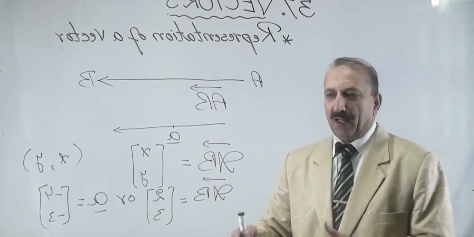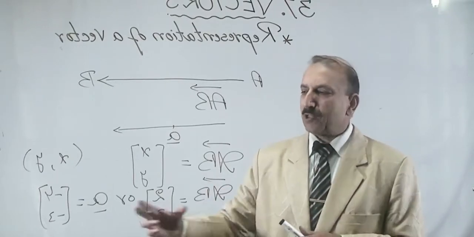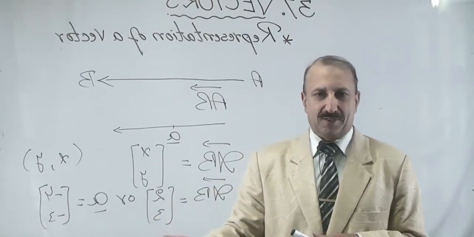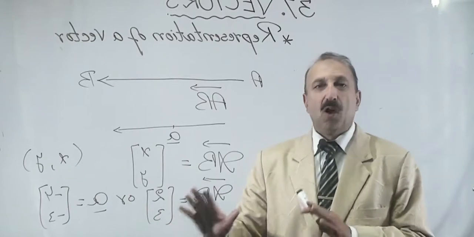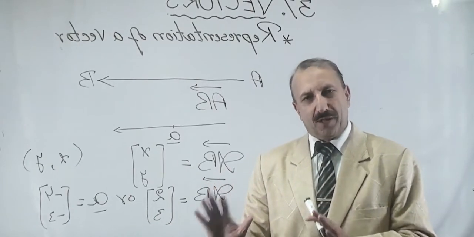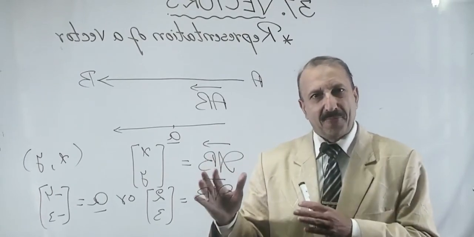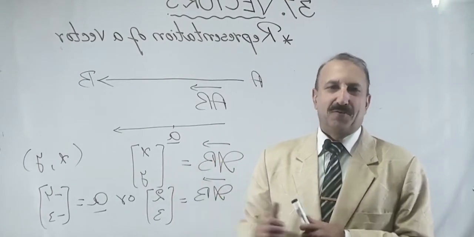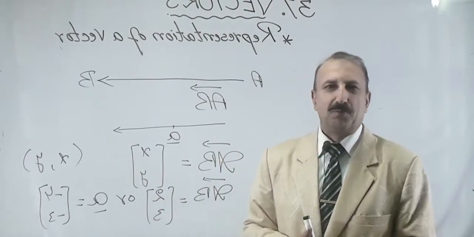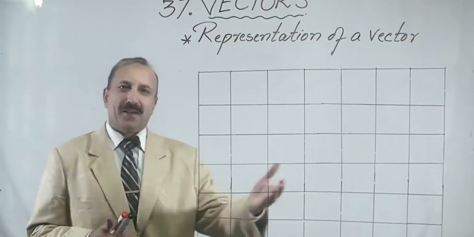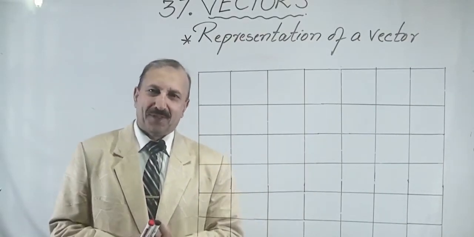Let's see what will be the situation if we are supposed to represent these two vectors, column vectors, on a square unit graph. And if already vector is given there, how can we write their column vector? Let's see how to. Alright, my dear students, here is the unit square graph.